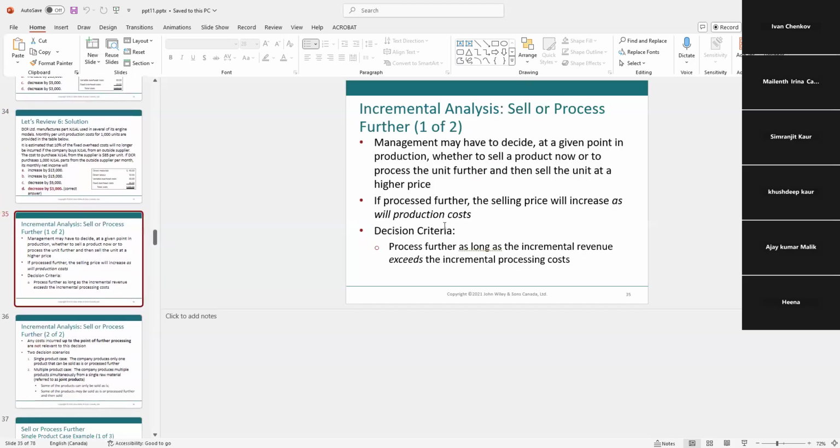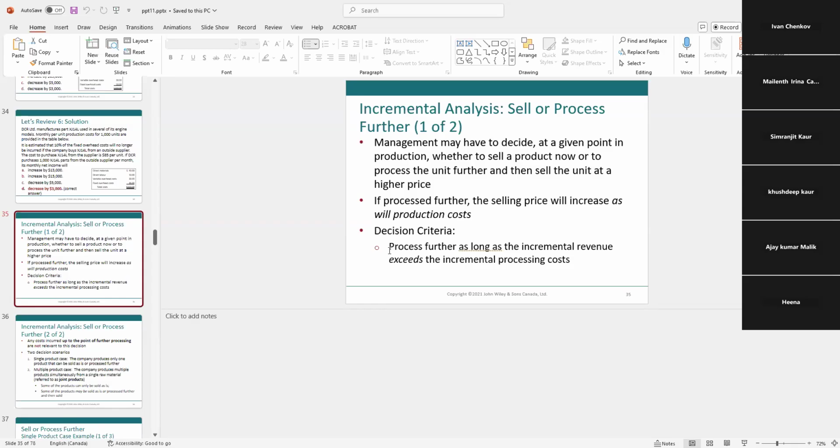Now, to sell or to process further, the decision criteria is that you process further only and only when the incremental revenue is more than the incremental processing cost. So you're comparing what you can make the way it is versus if you process it further. The additional revenue that you're making has to cover the additional cost to convert it into the new condition.